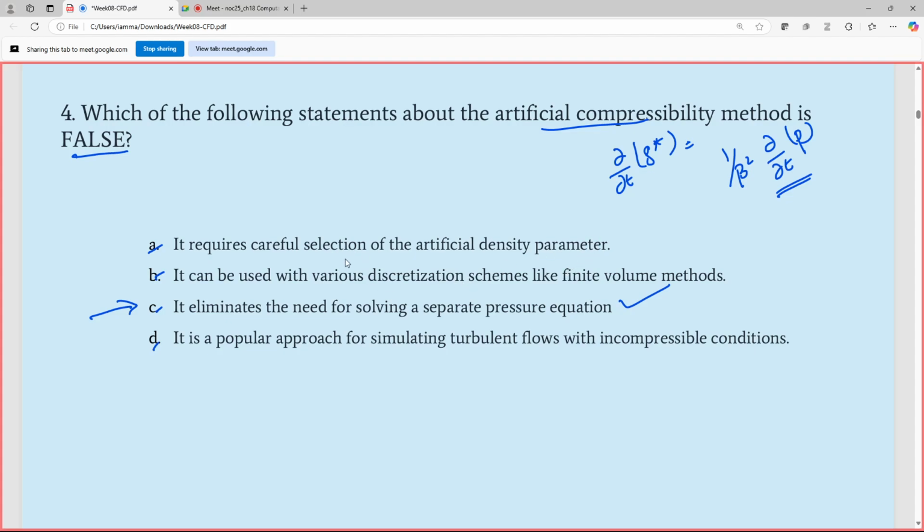Whereas the careful selection of the artificial density parameter, that is, this ρ*, will depend on this β. A careful selection of that artificial density parameter is required, because by tweaking that parameter we can give better stability to the system.